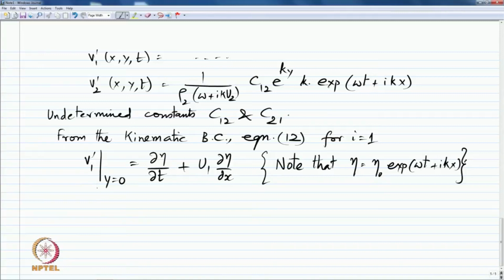V1 prime as we approach y equal to 0 from fluid 1, which is basically denoted by this quantity V1 prime at y equal to 0, is equal to the physical movement of the interface in an advected sense.